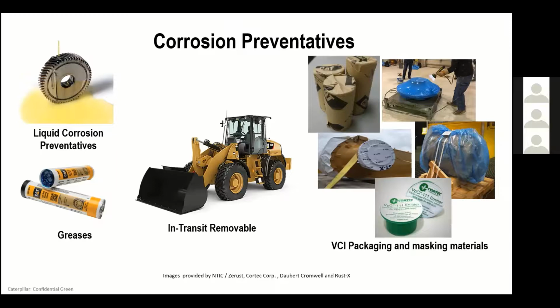You can store things, if you do it properly, with VCI paper and film, for 5 to 10 years. And some of the auto parts stores really look for that, because the last thing you want is to get the customer opening up something and then he's got some corrosion.